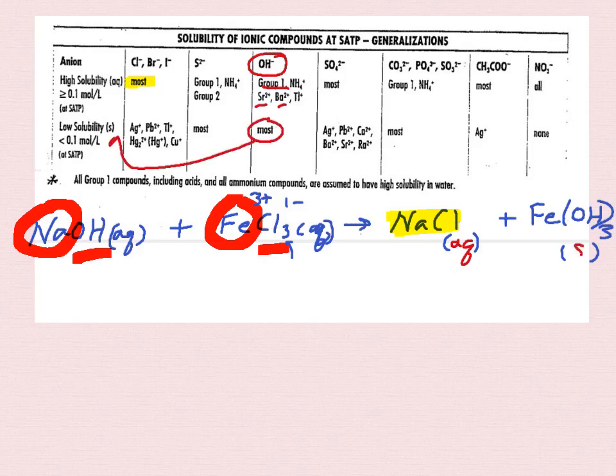That'll be a solid. And when the iron ions and the hydroxide ions collide together in that solution, they will stick. They will form a mass. In this beaker, you would get a whole bunch of solid, which would eventually form a lump on the bottom of your beaker because they are insoluble or a solid.